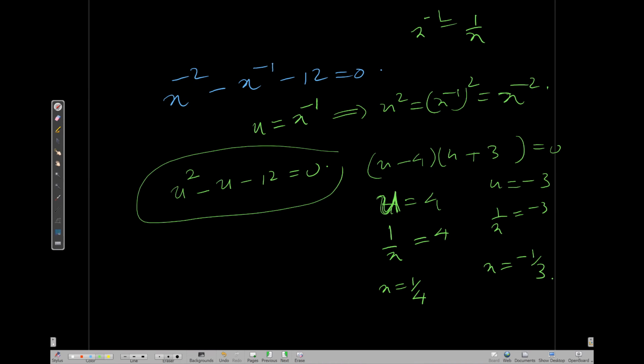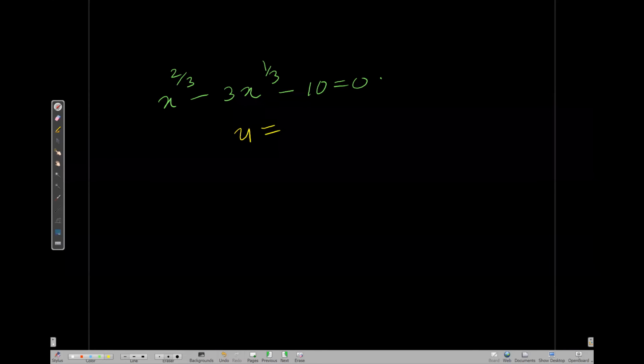Now let's see whether we have another one. How about this? x raised to 3 over 2 minus 3x raised to 1/3 minus 10 equals 0. Now, can you pause the video and think of a substitution that makes this a quadratic equation?